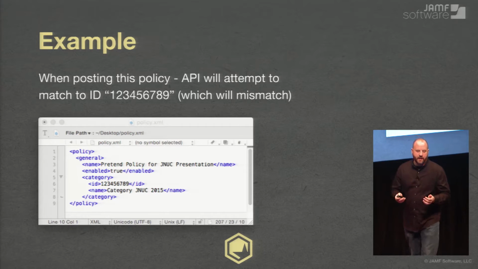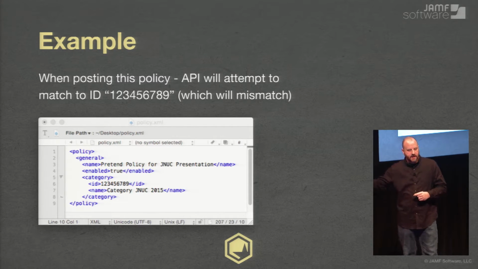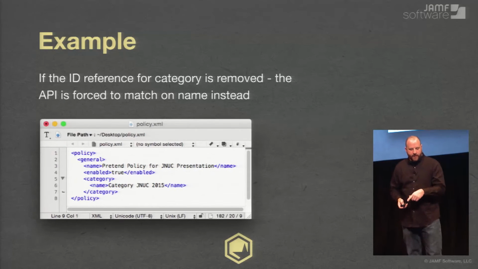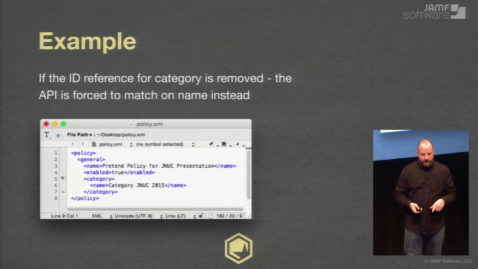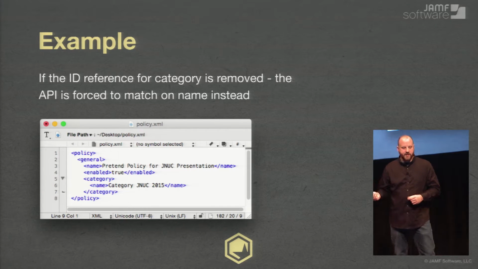And you don't want that, because chances are that ID isn't even going to be in your new JSS. And if it is, it's probably the wrong category anyway. So once you remove that ID line from it, it forces the API to match on the name instead, and then it posts successfully.